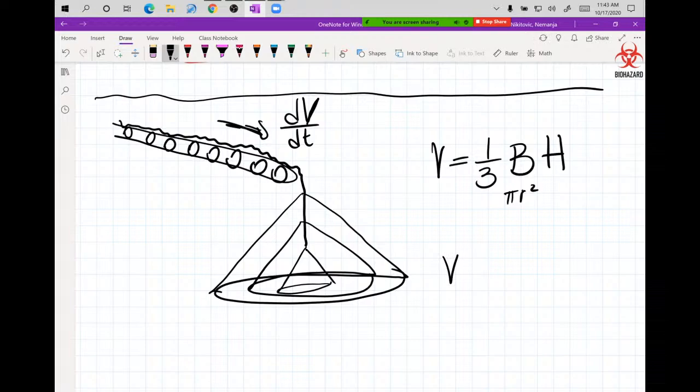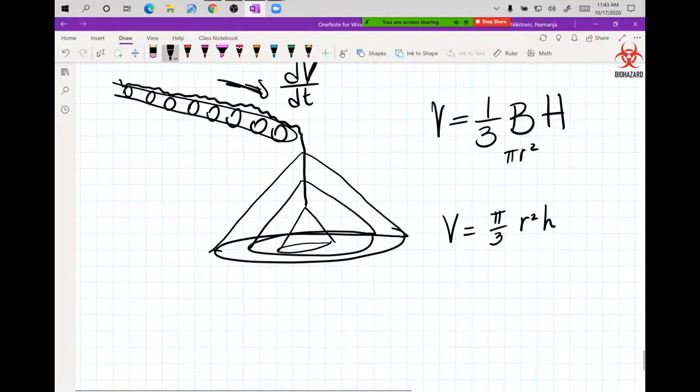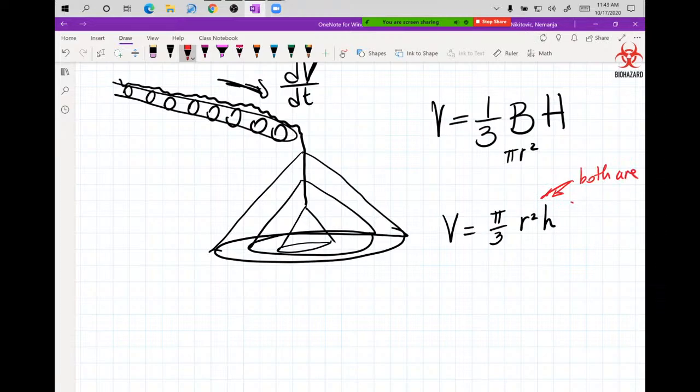And now you have your volume, pi thirds r squared h, where h is the height that is changing. Here, written in blood, both are variables. Very different than the previous problem where r was constant.